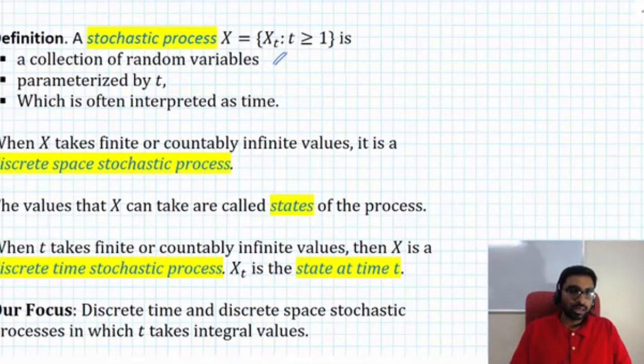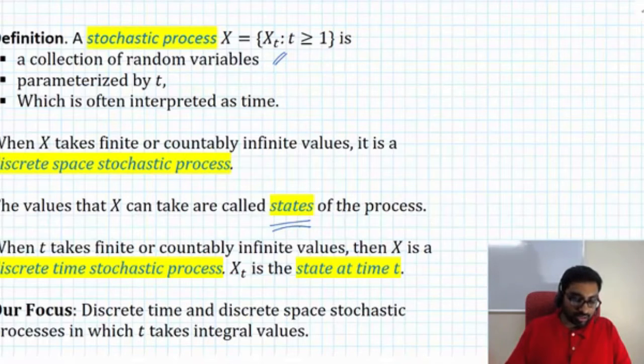stochastic process. Now, these values that x can take are often called the states of the process. So you can think of this process as going from one state to another state to another state over time. Okay, and we are most often interested in processes where the state space is discrete, meaning it's finite or countably infinite.